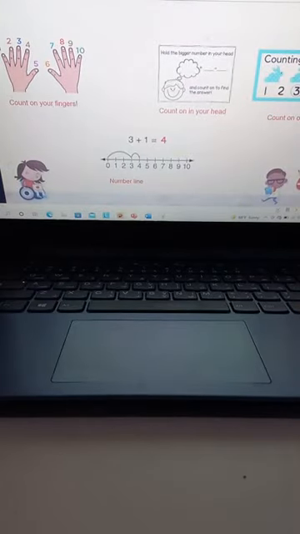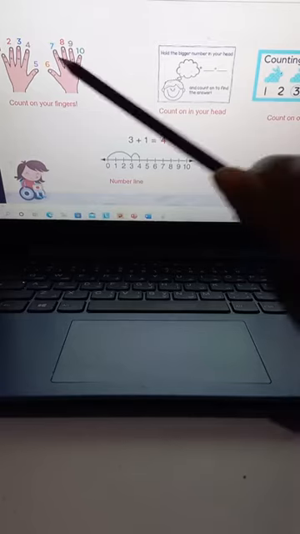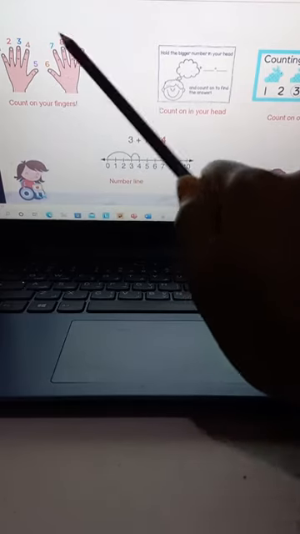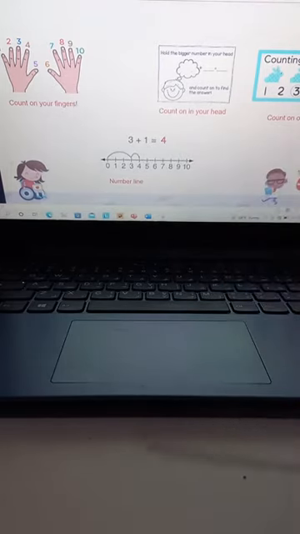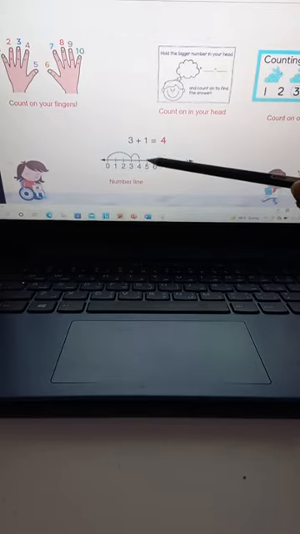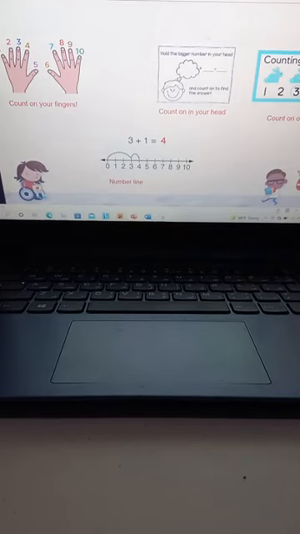Now we have different ways of counting. I know some people in my class who count using their hands, some who count using their head, some who count using objects, and some who count using the number line. When I tell you 2 plus 2, some of you bring out your hands and count 1, 2, 1, 2.